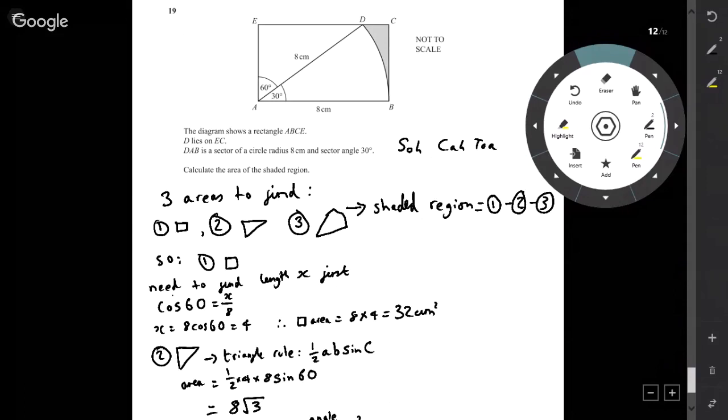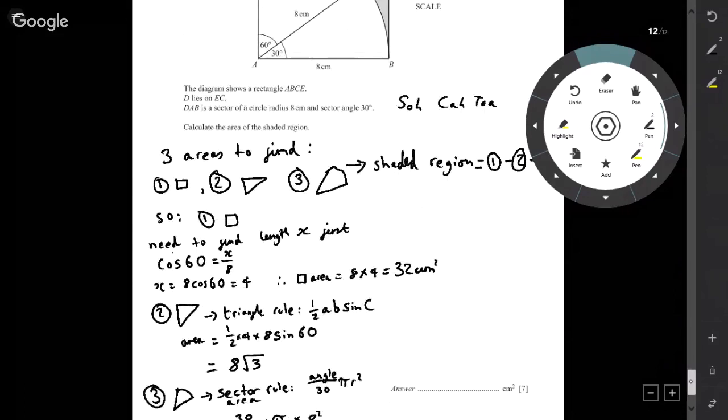So to find the area of the rectangle, we know that this length is 8 centimeters, but we don't know this length, so we can't find it out yet. So in order to find length x, let's say that's one up here, we are going to use SOHCAHTOA.